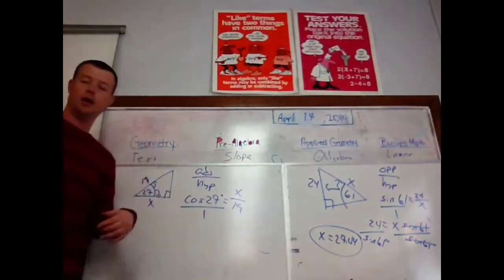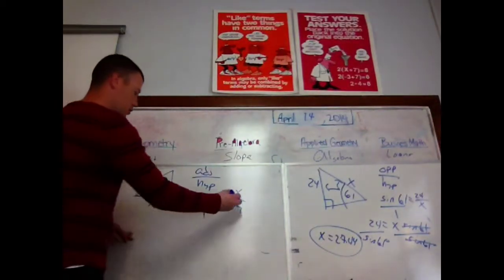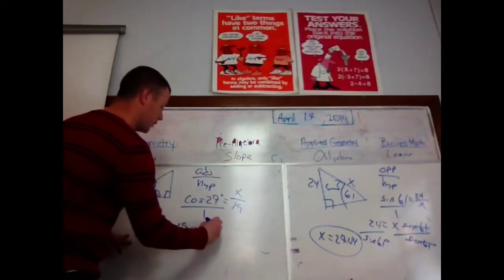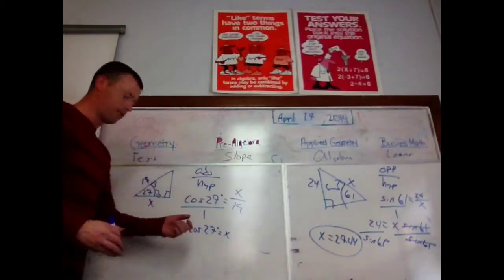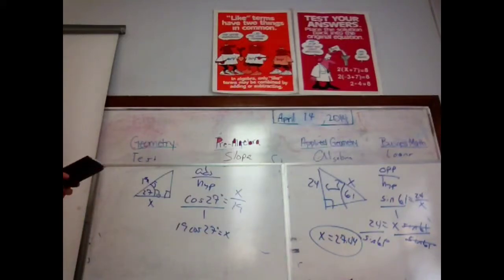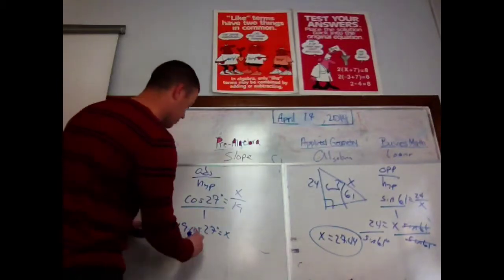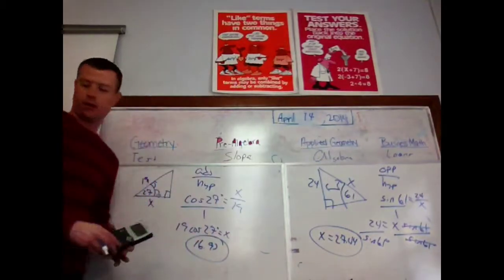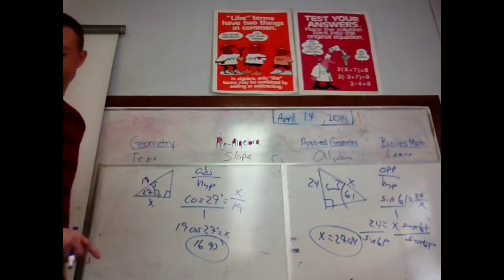Place that over 1, and we solve. So we get 19 cosine 27 degrees equals x. Plug that into your calculator, 19 cosine 27, and you get 16.93 as your answer. And that is your answer. And that was number 10.